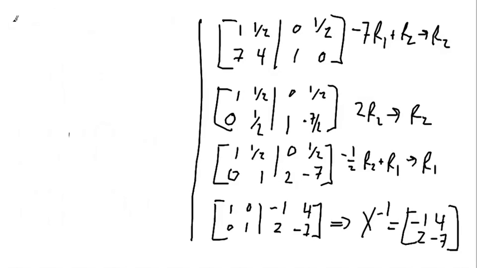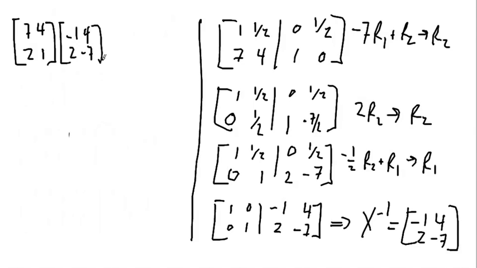Our original matrix was 7, 4, 2, 1, and we're multiplying that against negative 1, 4, 2, negative 7, and what we get is 7 times negative 1 is negative 7, plus 4 times 2 is 8, which is 1. 7 times 4 plus 4 times negative 7, that's clearly 0. 2 times negative 1 plus 1 times 2, that's also clearly 0. And 2 times 4 is 8, plus 1 times negative 7 is 1, and that's what we hoped for. Done.